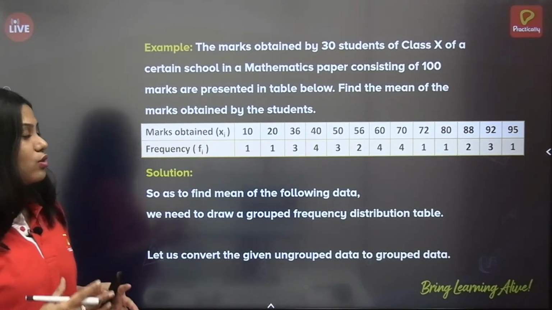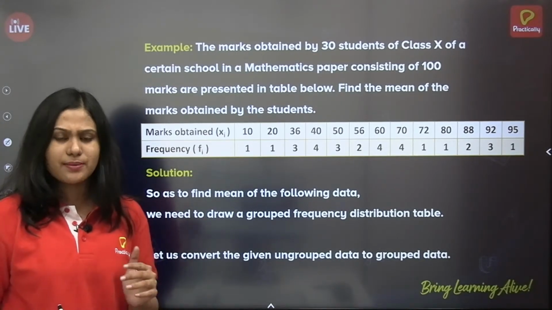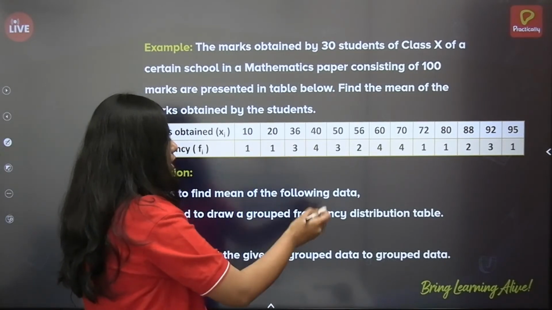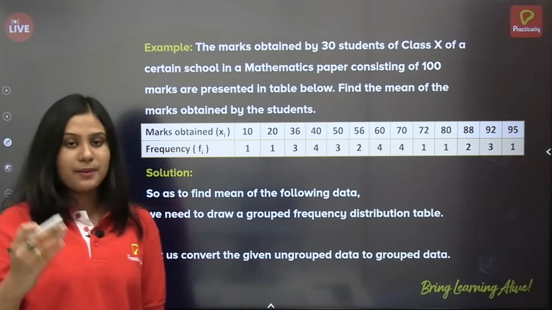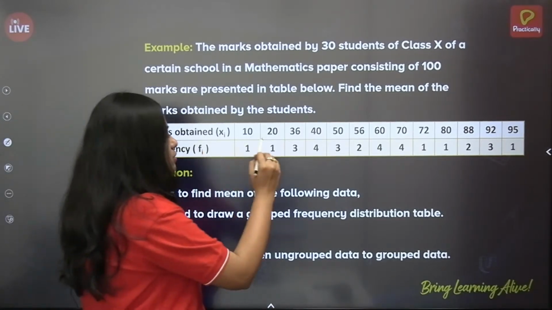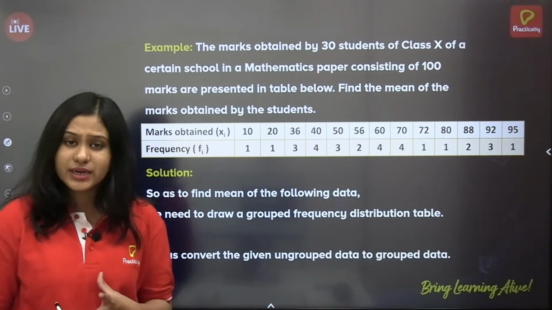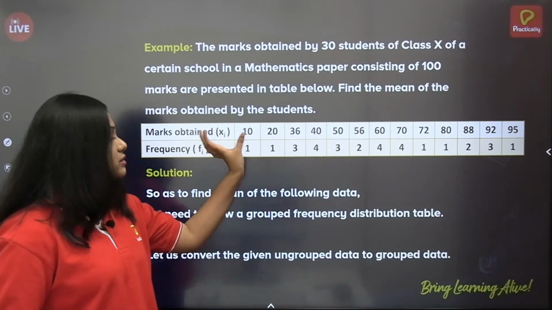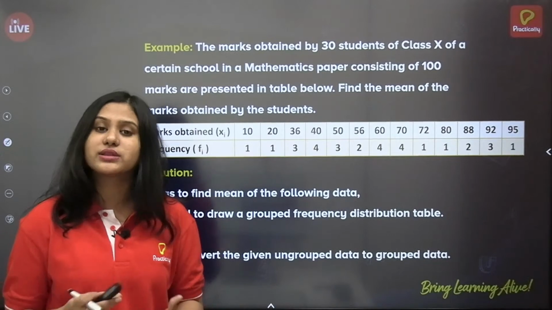So now, how do we generally calculate mean? What did I tell you? Sigma fi xi by sigma fi, correct? So I'd do 10 into 1, 20 into 1, plus 36 into 3, and so on till 95 into 1 will be the sum, and sigma fi is 1 plus 1 plus 3 plus 3, and so on. But won't it be a very tedious and long process to find the mean like this? Suppose these are 2-digit numbers, but what if you get 3-digit numbers?